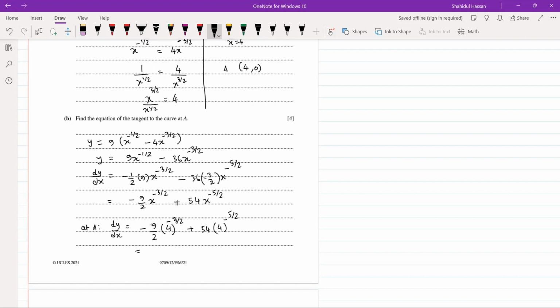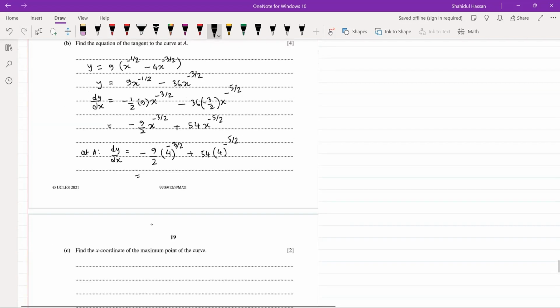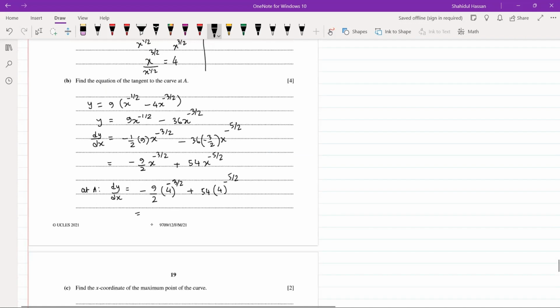Let's put this into calculator and see what we get. 4 to the power minus 3 over 2 multiplied by 9 over 2. So we're going to get a minus 9 over 16 here. So we have here dy by dx should be equal to, we're going to have a minus 9 over 16.